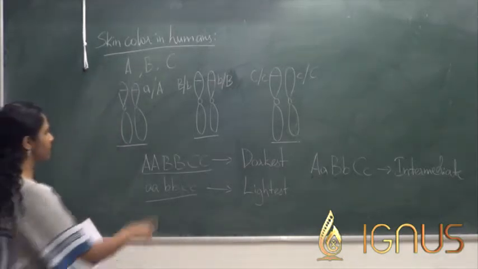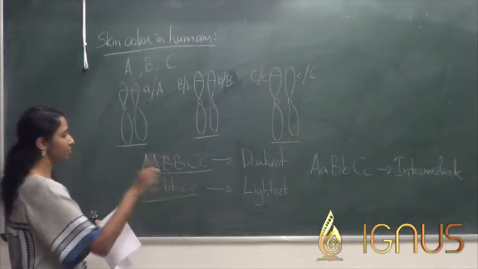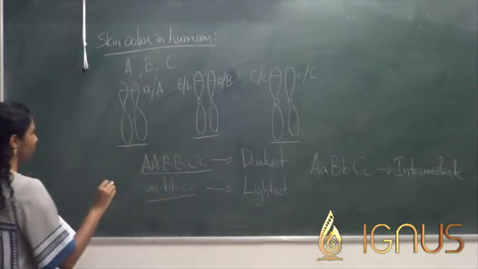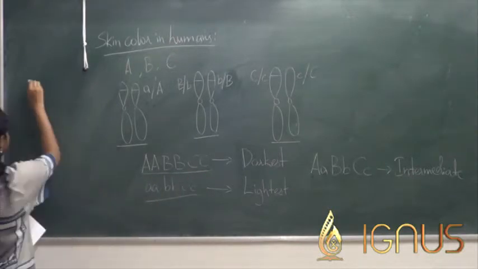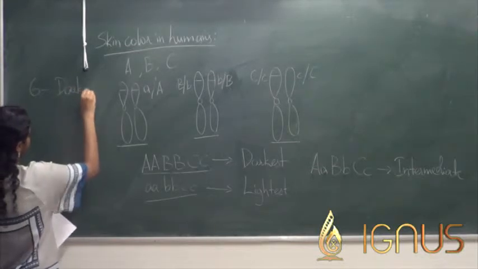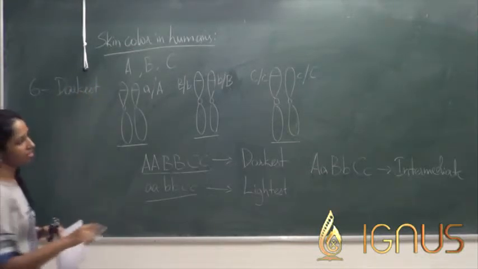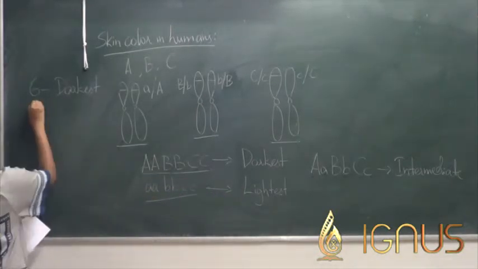Because there are 3 genes, you're going to have 6 alleles. So if all 6 alleles are dominant, like here, then you're going to have the darkest skin color. If 3 of them are dominant, you're going to have an intermediate skin color.